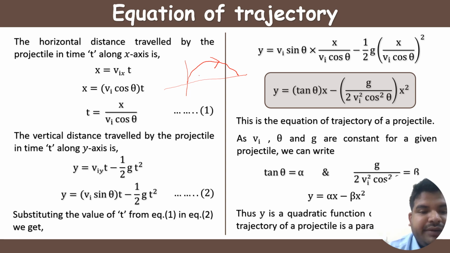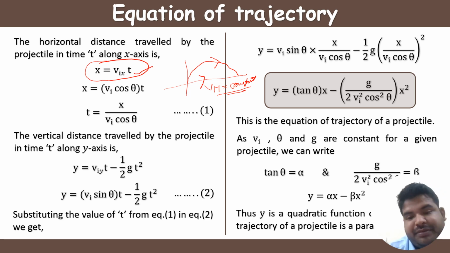As you know very well, the horizontal velocity remains constant. Then the distance traveled by the football on the horizontal axis is x, which is velocity into the time given.